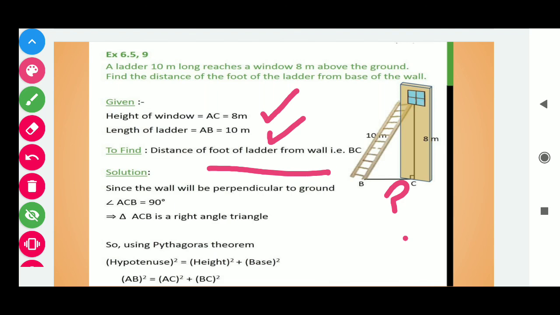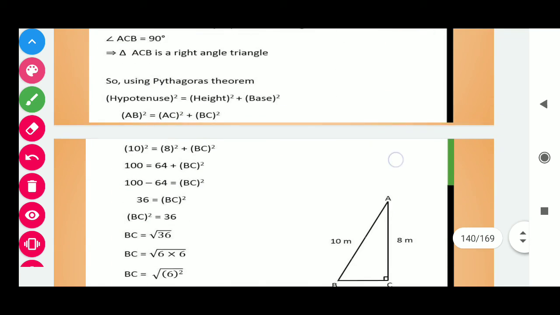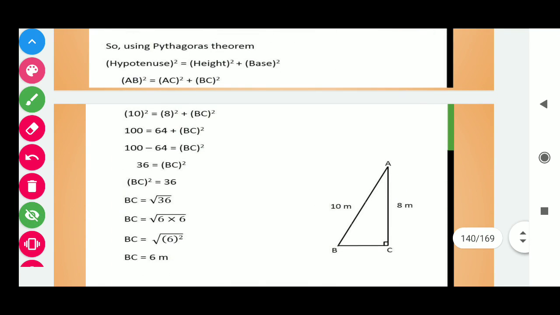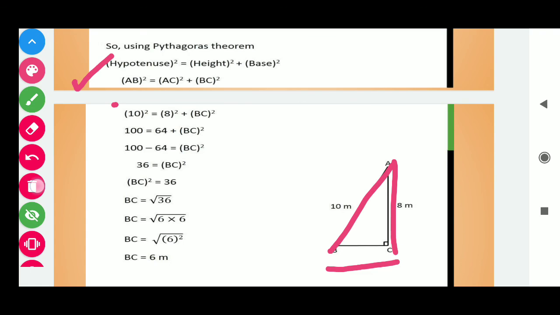Solution is, since the wall will be perpendicular to the ground, angle ACB is 90 degrees. Triangle ACB is a right angle triangle. So by using the Pythagoras theorem, square of hypotenuse is equal to square of height plus square of base. Put these values. AB is the hypotenuse, perpendicular is AC and base is BC.